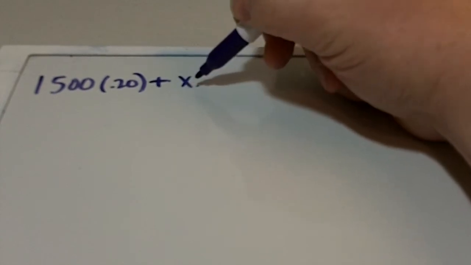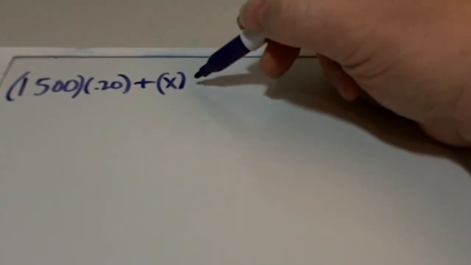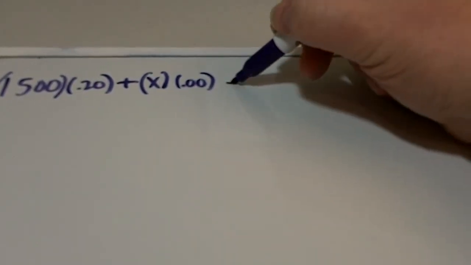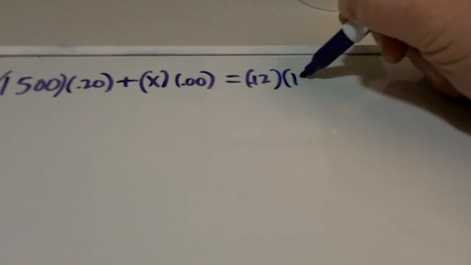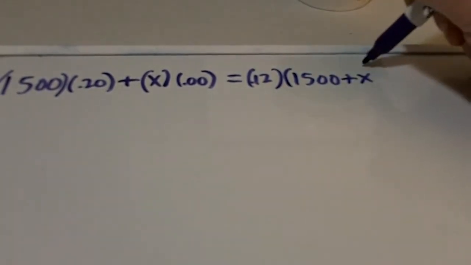So there's that way, and then there is the algebra way, and let's talk about that now. The equation you would write in an algebra method would be 1500 milliliters of 20% plus x, and let's put everything in parentheses so we know what we're going to multiply versus add, of 0.00, equals 12%, which is 0.12, times (1500 plus x).